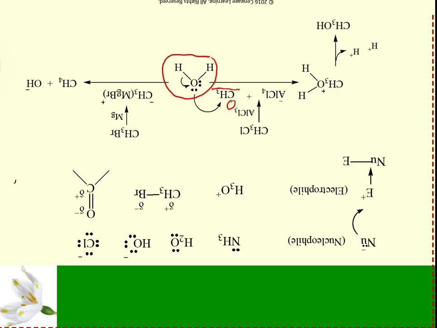But in this case, if the water wants to undergo the reaction with CH3 plus, then the water should behave as a nucleophile, and oxygen has two pairs of non-bonding electrons, and it is qualified to behave as a nucleophile. So you should indicate the movement of electrons, okay? Two electrons move to the carbon and then form CH3O, and so actually this bond is a new bond by the movement of these electrons, okay?